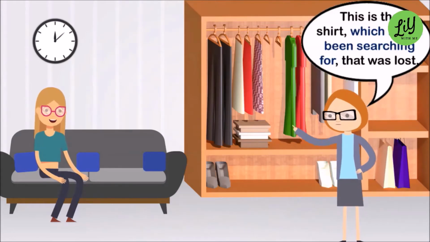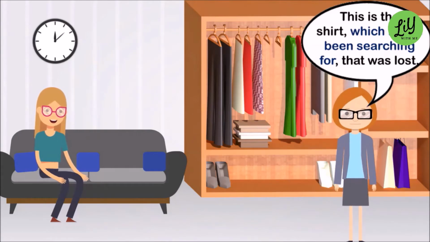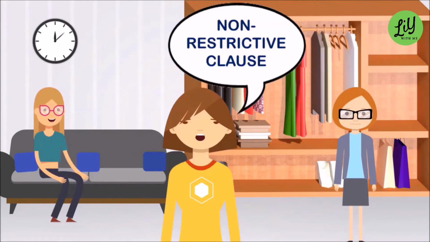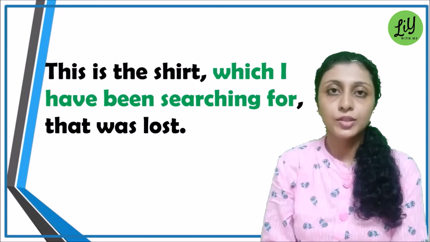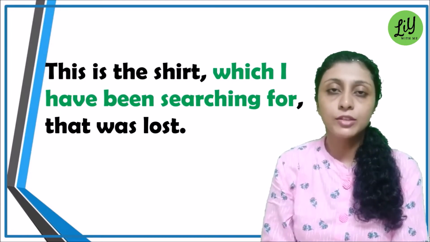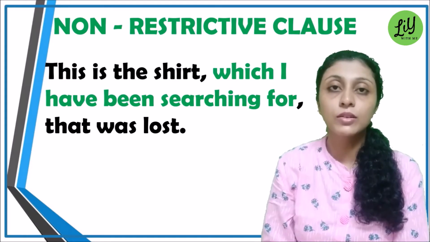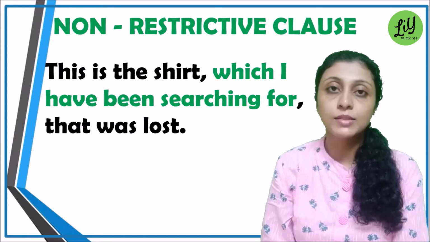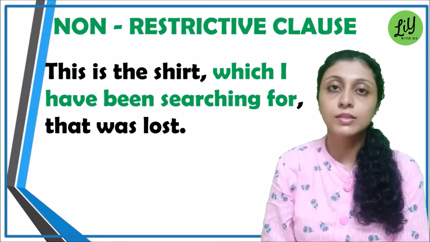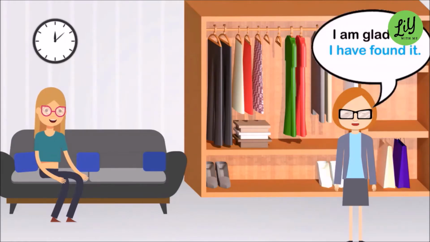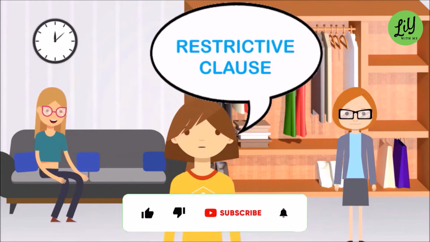This is the shirt which I've been searching for that was lost. Non-restrictive clause. So here we've got a non-restrictive clause, which means even if you remove the clause, the sentence still makes sense. I am glad that I have found it. Restrictive clause.